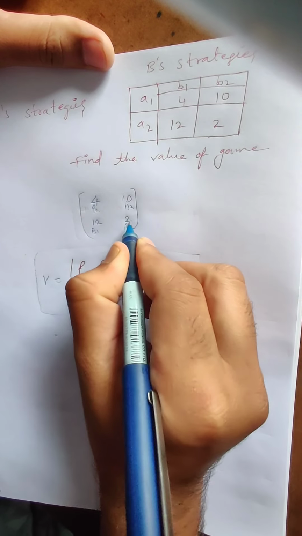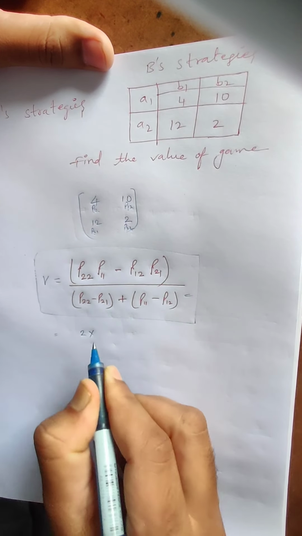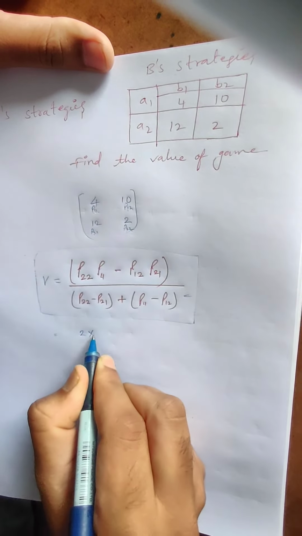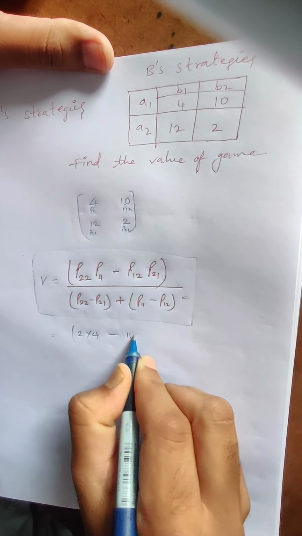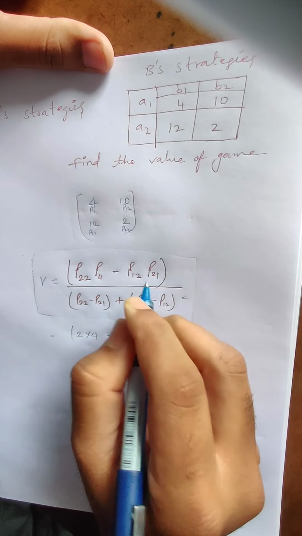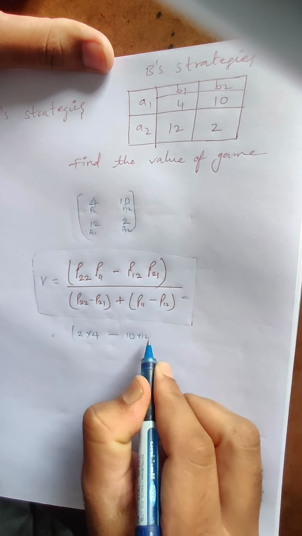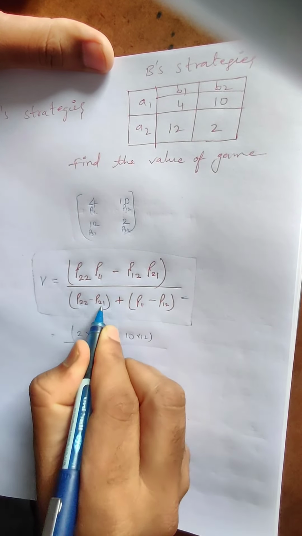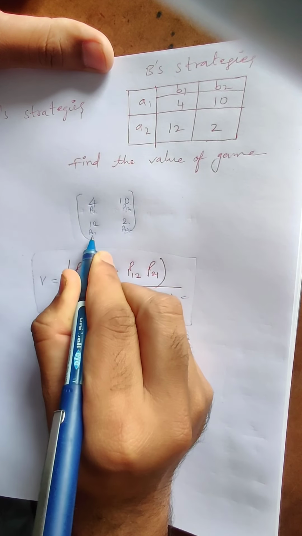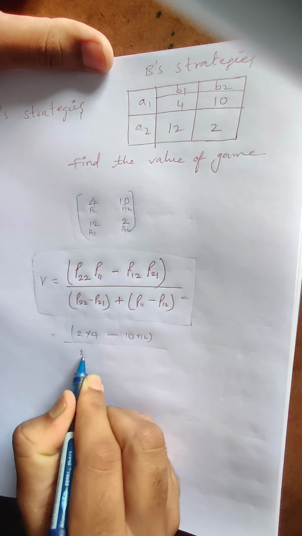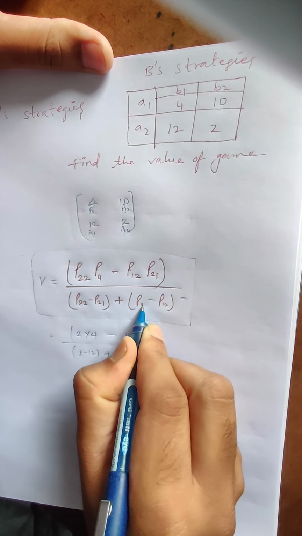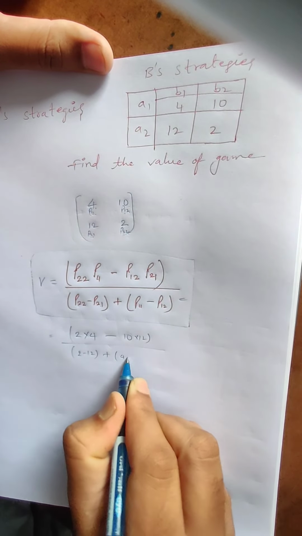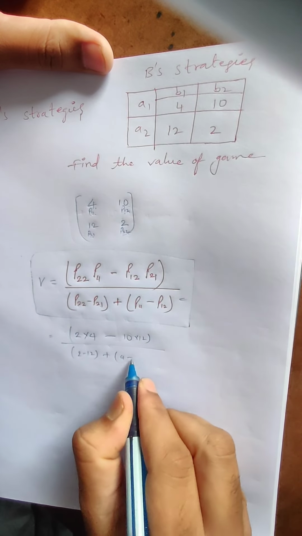So the P22 value is 2 into P11 value 4, minus P12 value 10 and P21 value 12, divided by P22 minus P21, that is 2 minus 12, plus P11 value 4 minus P12 value 10.